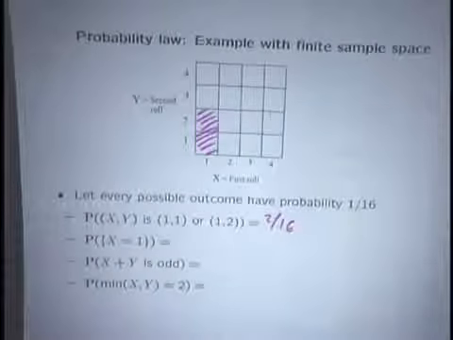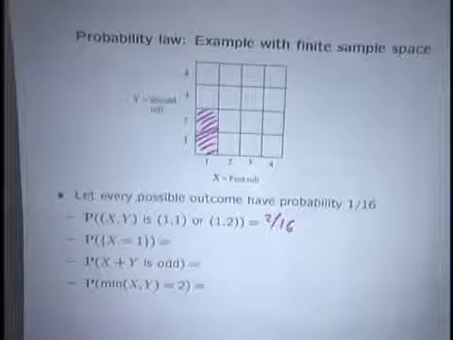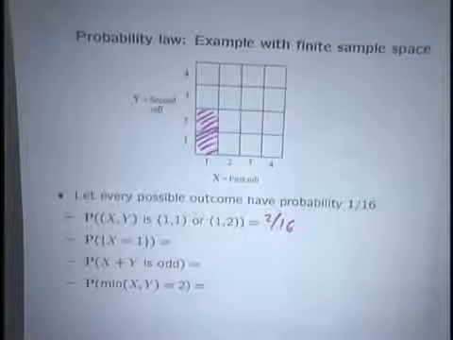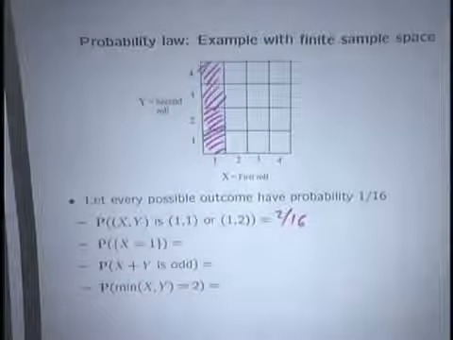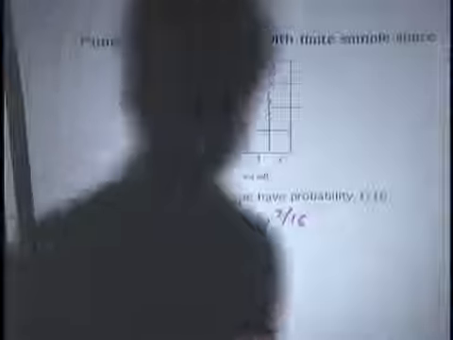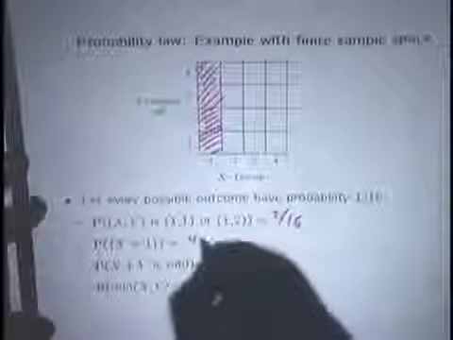How do you answer this question? You go back to the picture and you try to visualize or identify this event of interest. X is equal to 1 corresponds to this event here. These are all the outcomes at which X is equal to 1. There's 4 outcomes. Each one has probability 1/16. So the answer is 4 over 16.